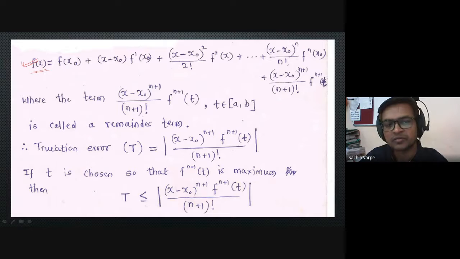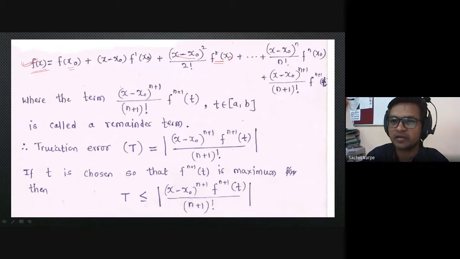The Taylor series expansion about a point x0 is given as f(x) equals f(x0) plus (x minus x0) into f dash at the point x0, plus (x minus x0) squared upon 2 factorial into the double derivative of the function at x0, and so on.